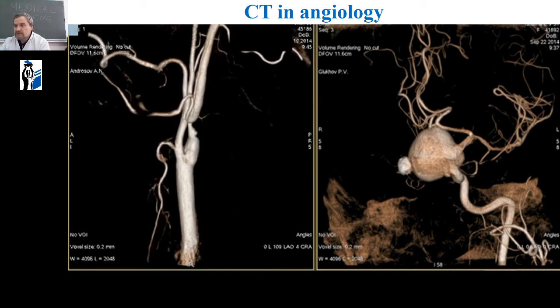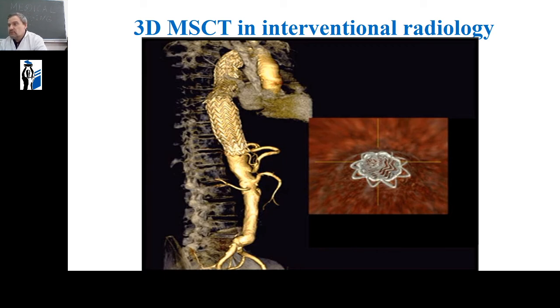Three-dimensional reconstruction of multi-section spiral computed tomography in interventional radiology. Modern reconstruction methods make it possible to paint these structures in different colors for convenience. Bone tissue is colored in one color, vascular structures in another color.